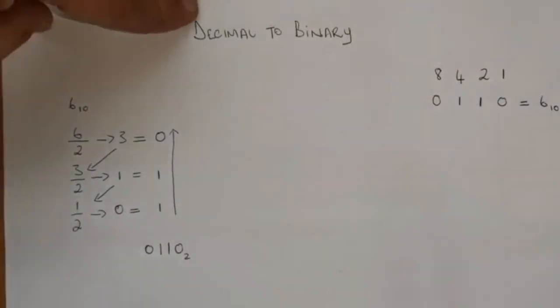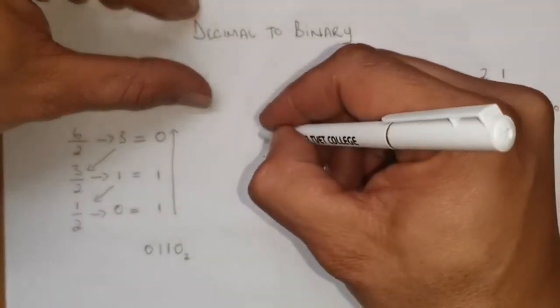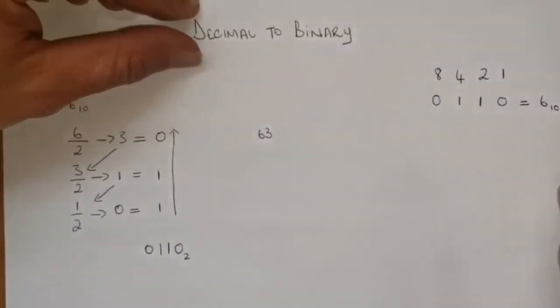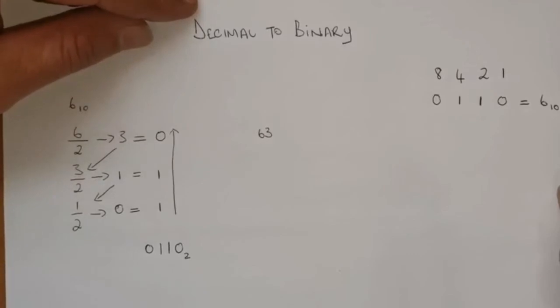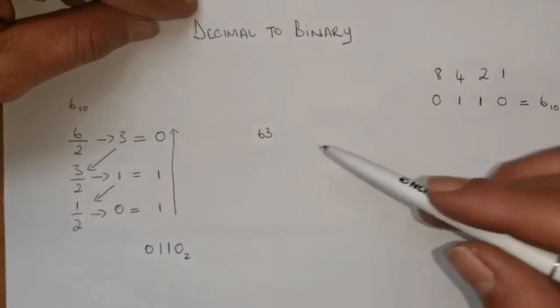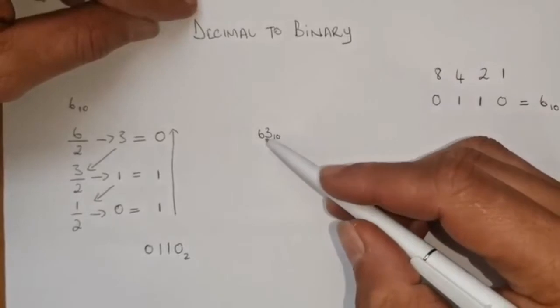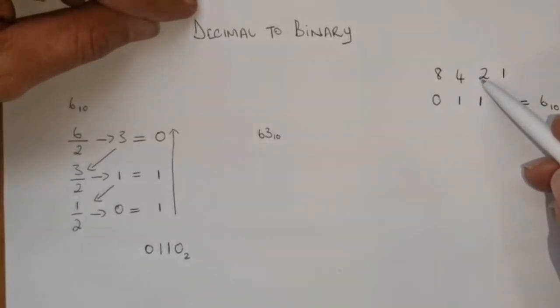Now let's take a bigger number. Let's take 63. This one I did the other way around, by first doing the calculation and then putting it into the code. I'm going to do this one a little bit differently: I'm first going to take this value and put it into the code.